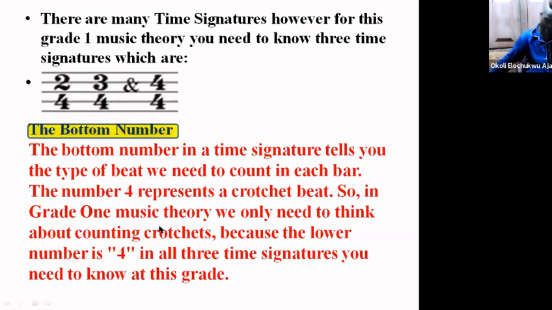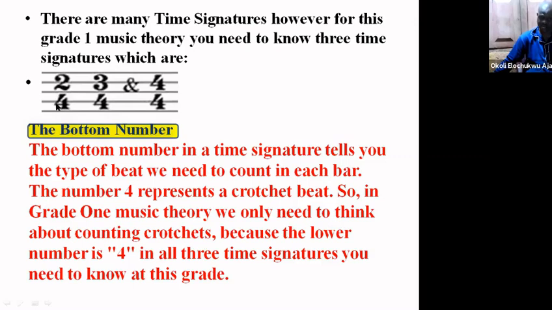right? So the bottom number represents a crotchet. The number 4 represents a crotchet beat. I take it again. The number 4 represents a crotchet beat. So in this grade 1 music theory, we only need to think about counting crotchets.